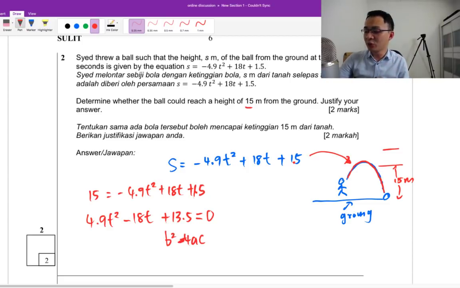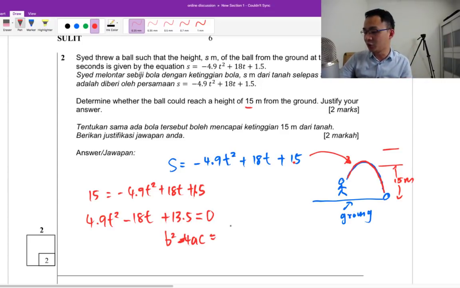But if b squared minus 4ac is equal to 0 or more than 0, then I will say it's possible. If it is bigger than 0, that means I will actually get 15 meters 2 times. If b squared minus 4ac equals 0, that means I will get only 1 time my ball reaches the 15 meter height. Okay, so this is the logic.